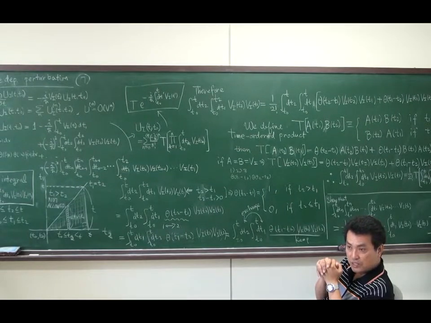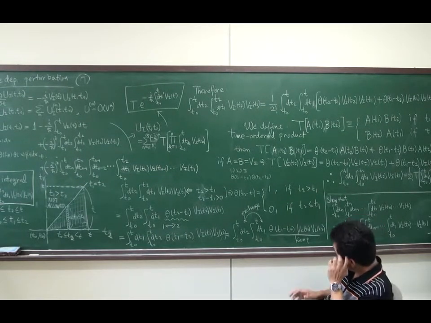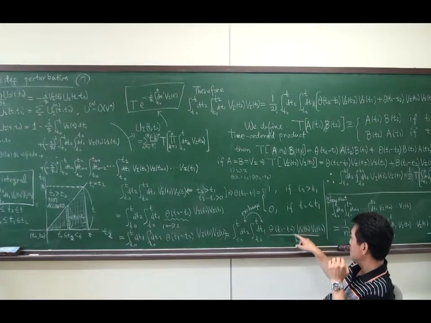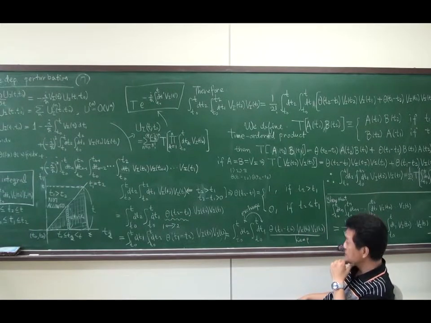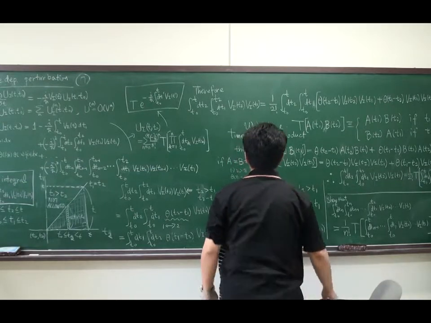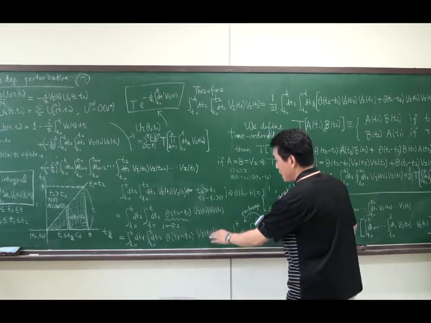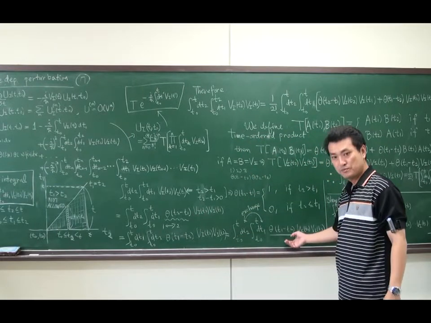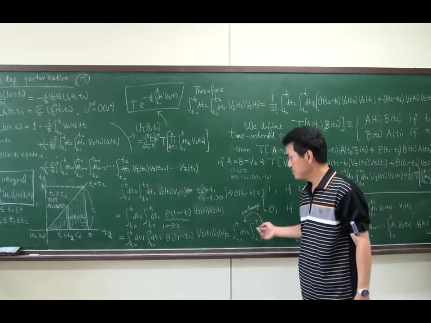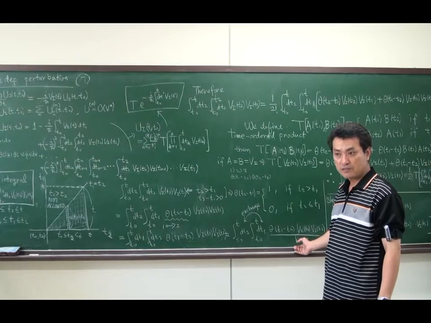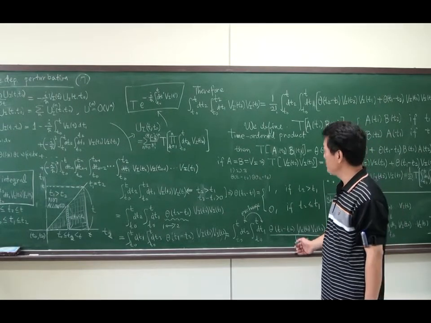T1, T2, T3 should be ordered as 1, 2, 3, and so on, and a corresponding theta function must be multiplied there. Then I sum these and divide this sum by the factor of 2 factorial.